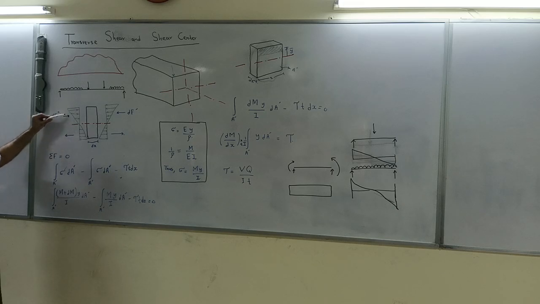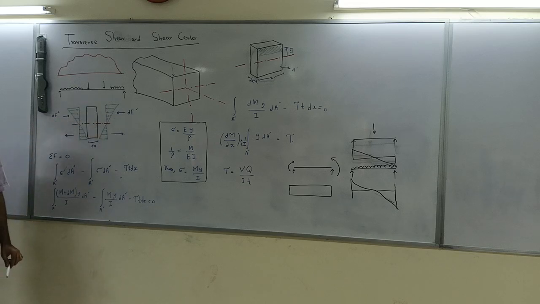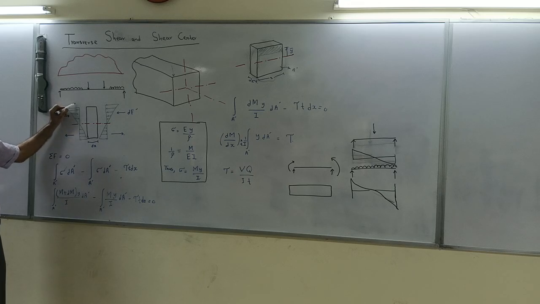At the cross section, this beam is under compression above the neutral axis and under tension below the neutral axis. So I can draw the stress profile as this one, isn't it? The top one is showing compression and the bottom one is showing tension. So these are my stresses. Okay, so this can be stress times area.